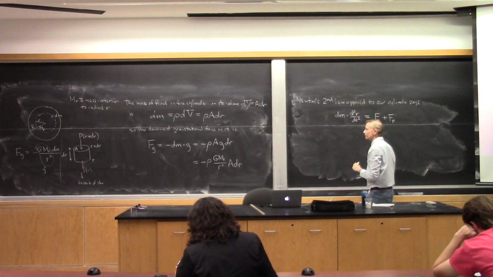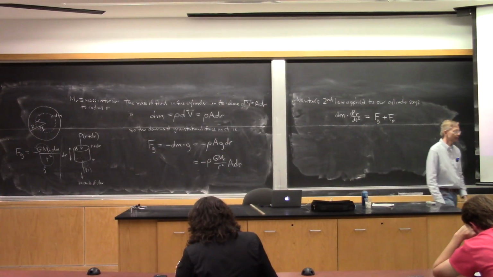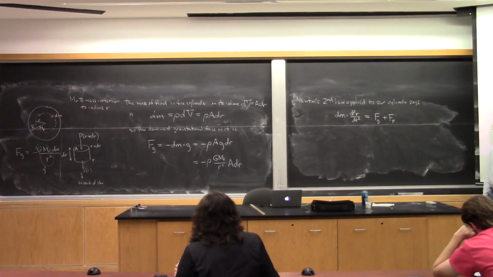But dm is equal to what again? What do I replace dm with in terms of rho and a and dr?